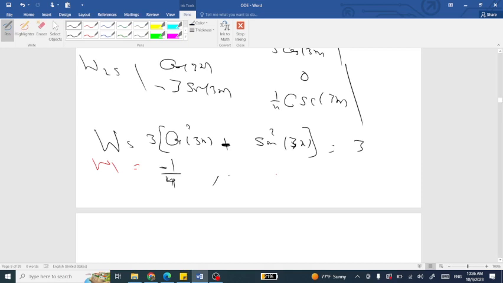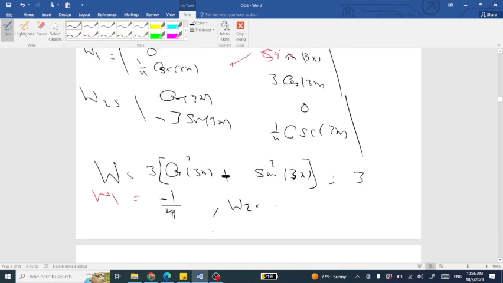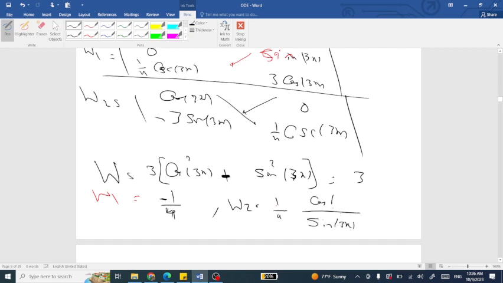How about W2? Yalla. 3 cosine sine. Sorry, here we are. Cosine is equal to 1 over 4. Let me write like that. Sine 3x, cosine 3x. Do you know what I did?